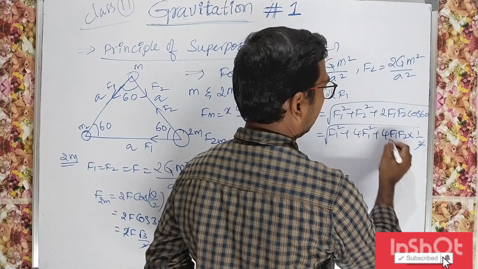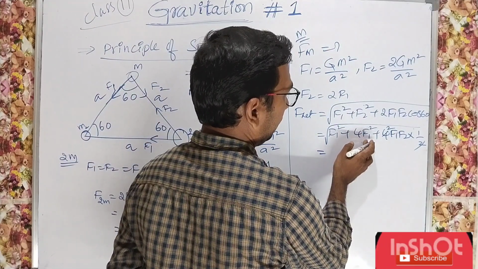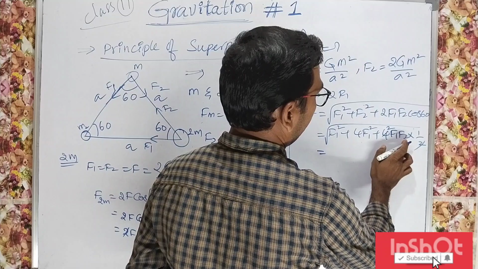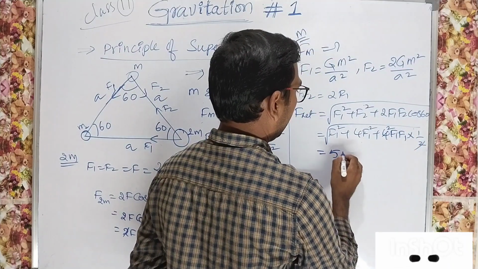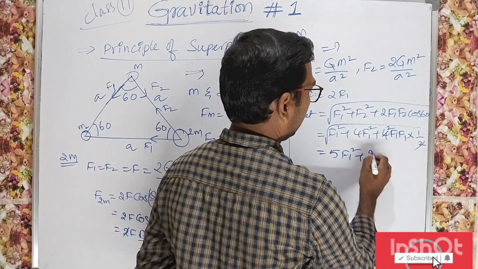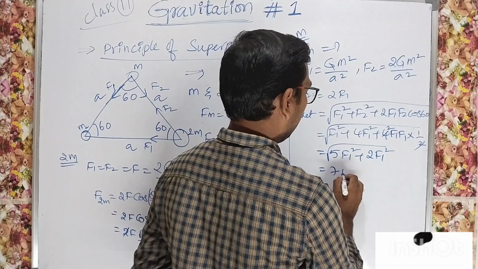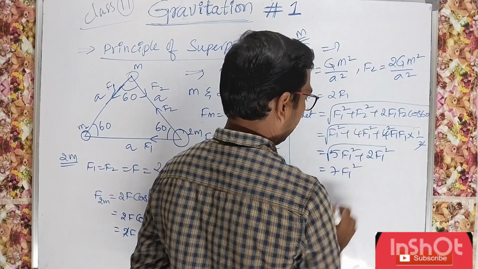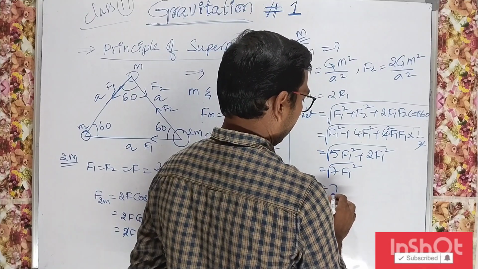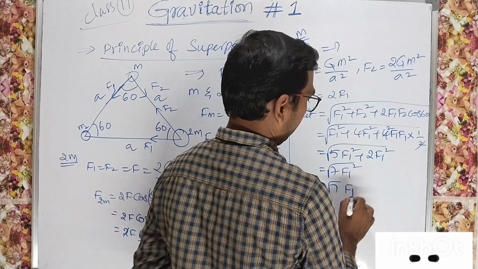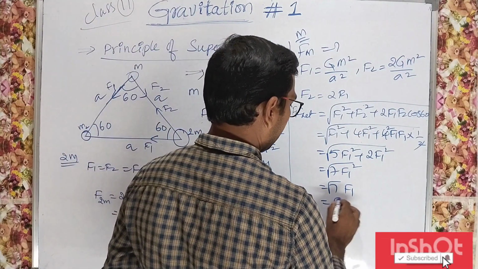So the 2 and 1 by 2 cancel, giving 2 F1 square. So here 5 F1 square plus 2 F1 square. So this is 7 F1 square under root. So this is root 7 F1.